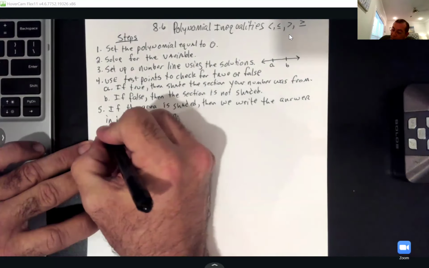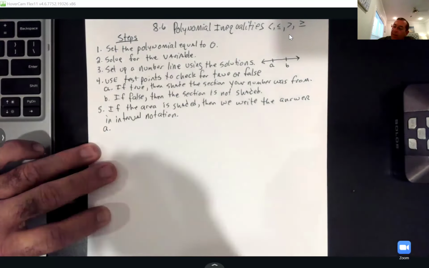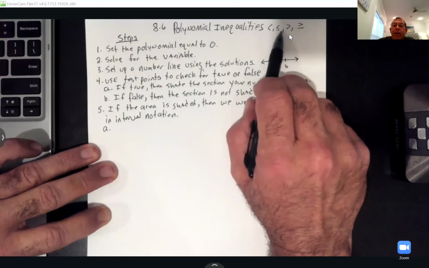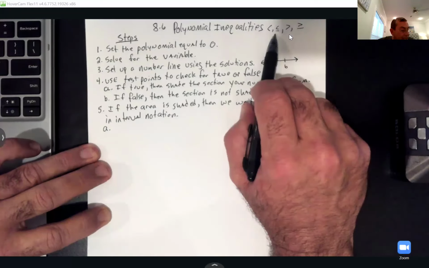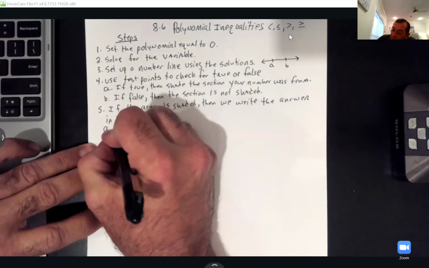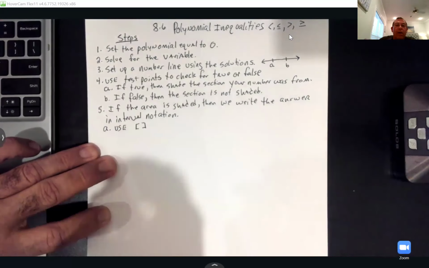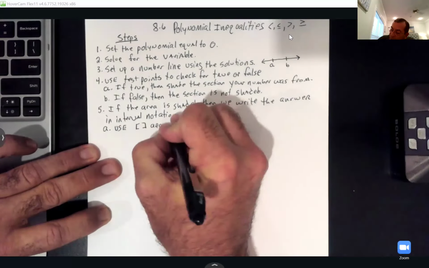Now, here's another part about the interval notation. If the inequality has a line under it for the equals, so if it's greater than and equals or less than and equals, we're going to use brackets around the number.